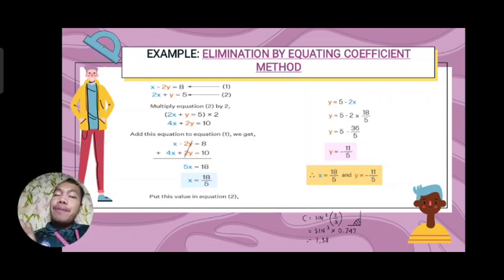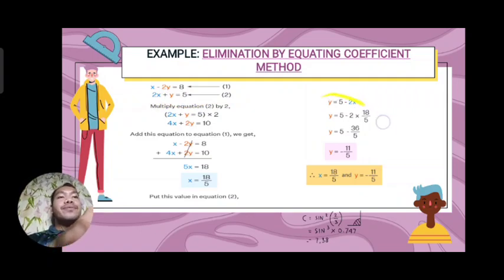In step 3, it states that you have to substitute the value you got into any of the variables. Since what we got here is x, we have to substitute the value of x in our first equation or in the second equation. You can choose whichever equation you want to substitute into. Here, we choose the second equation.